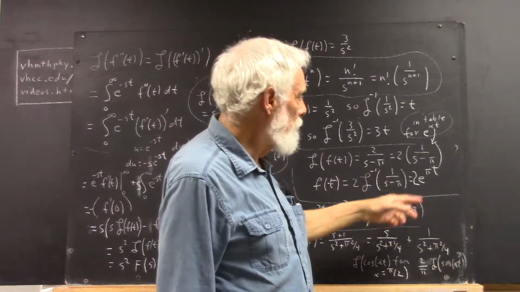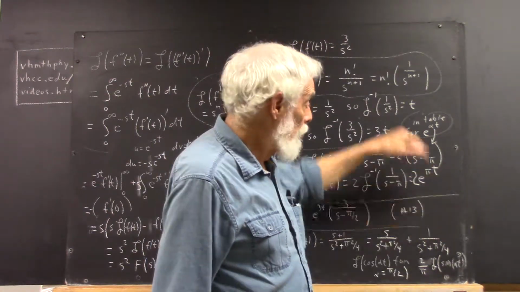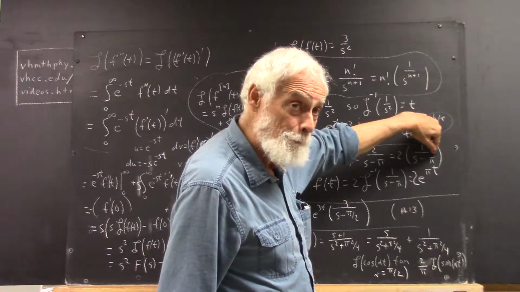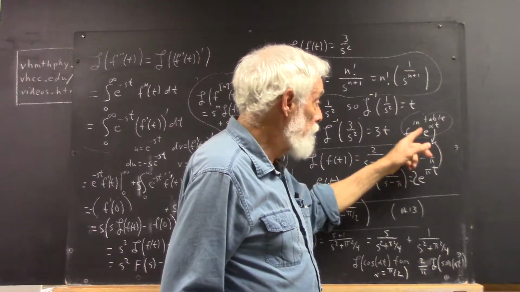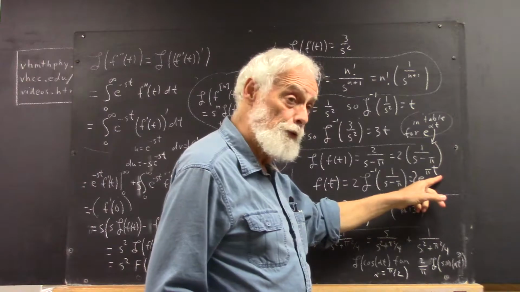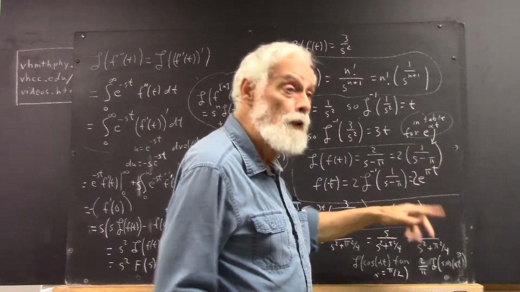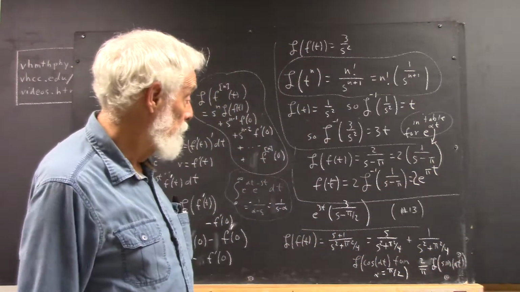Of course, in the table it's s minus alpha, so you got to recognize that alpha is pi. But that's all you have to do, and then you know that this is a Laplace transform of e to the alpha t. That's what you write down, and you got your factor 2. The thing is linear, so that's completely justified.